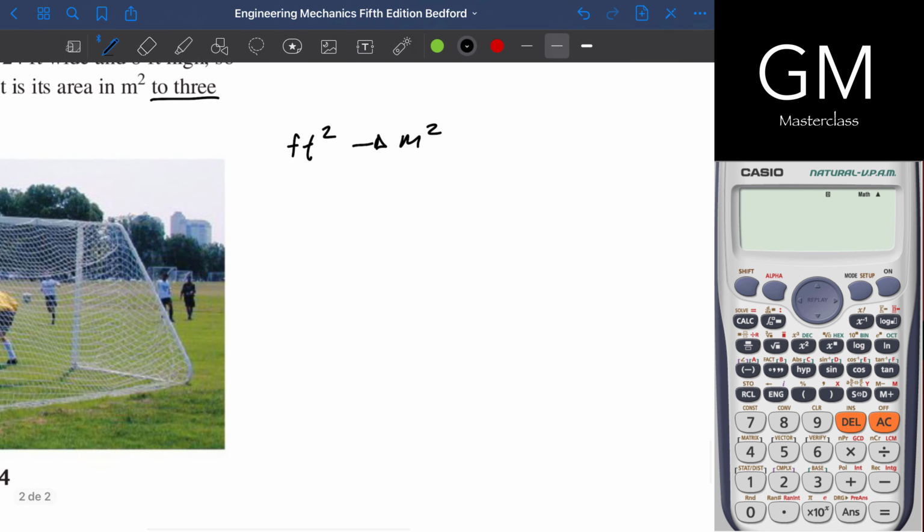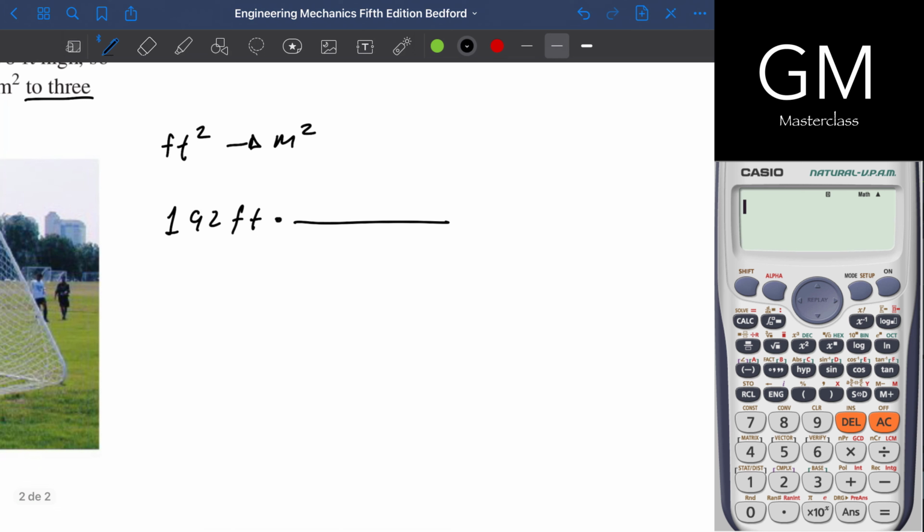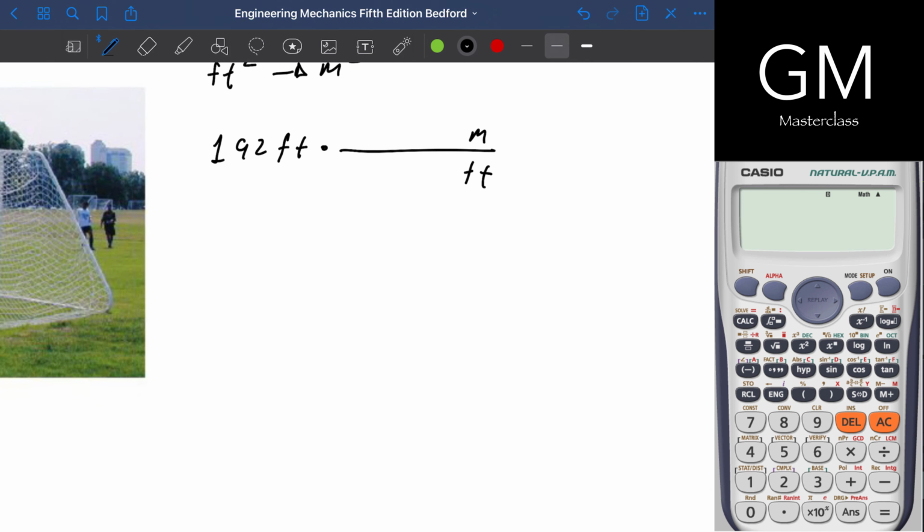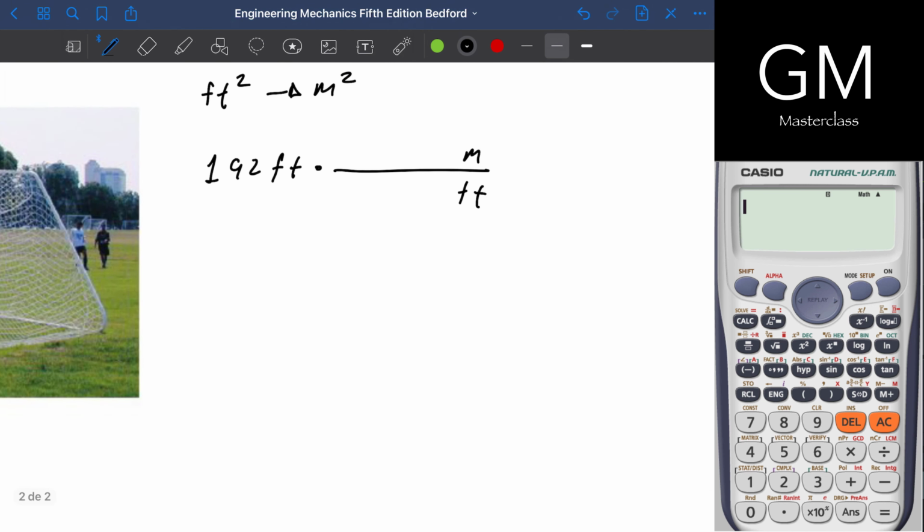So 192 square feet, we're going to multiply that in order to eliminate the feet units and have the value in meters.